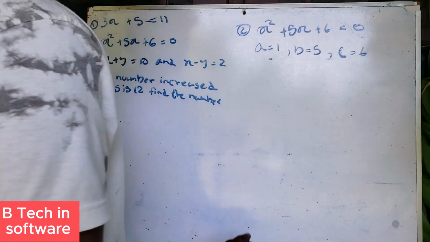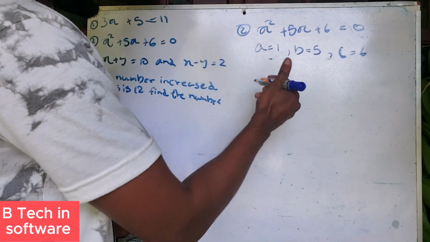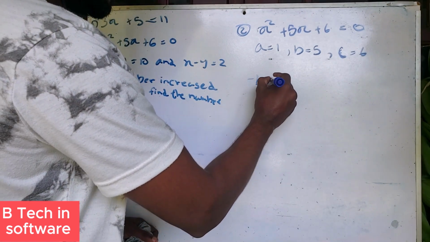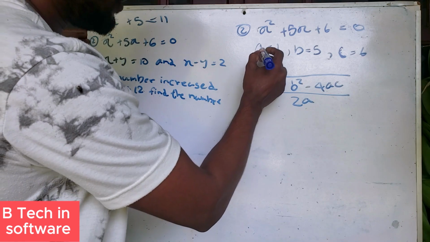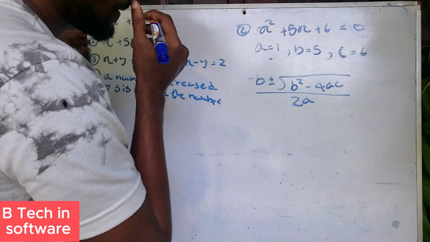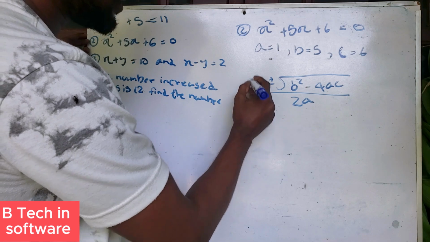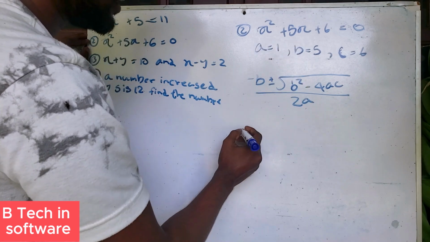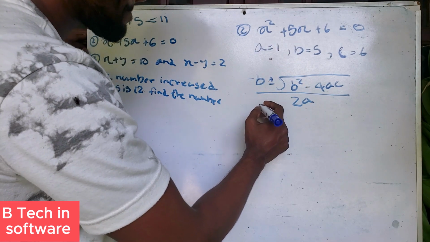To solve this problem, we have the quadratic equation, x equals minus b plus or minus. Now here we have a, b, c values. We can substitute these values into this equation and we can find x.